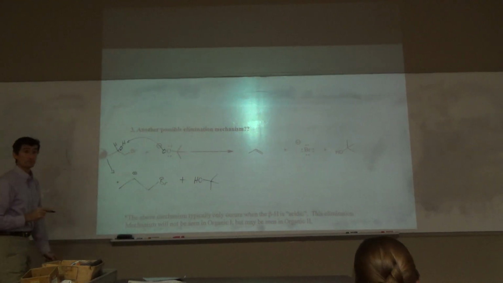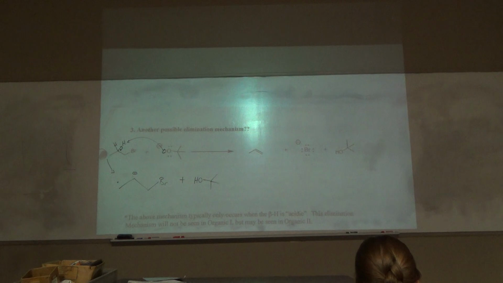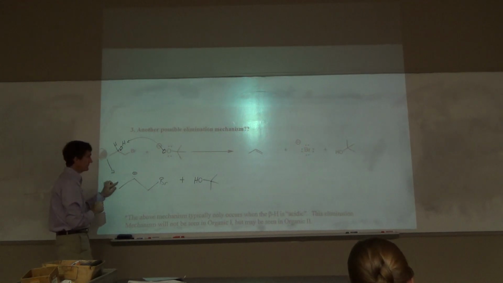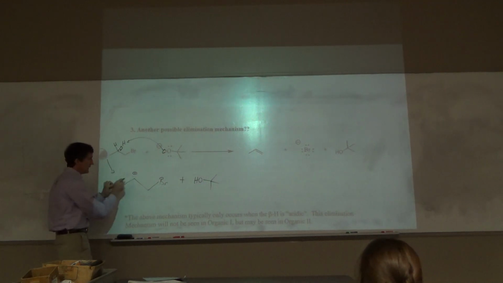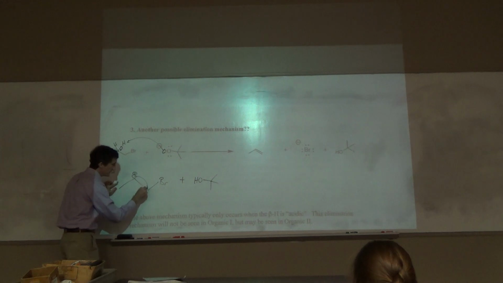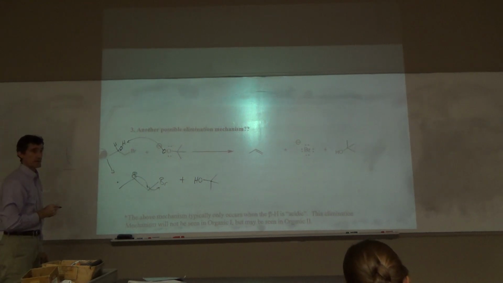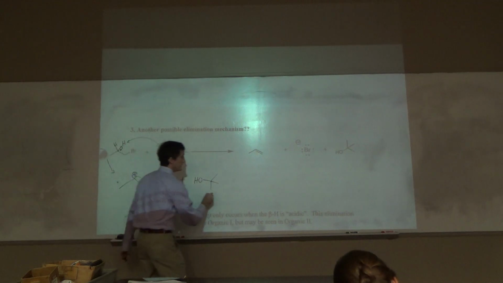Did we do this in the previous two mechanisms? No. Here we make a carbanion. Then how could we get to final products? What if these electrons then move in and kick that off? Would that give everything?